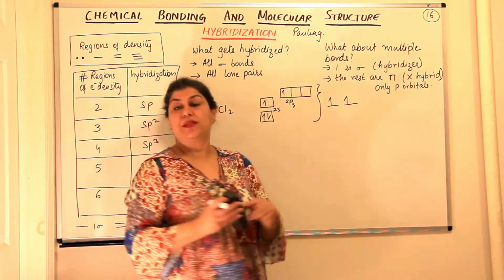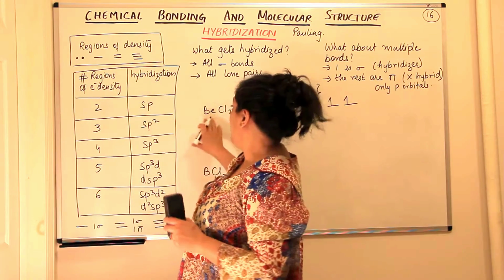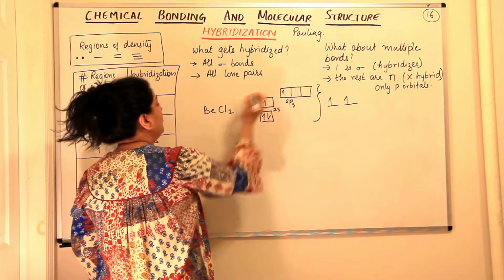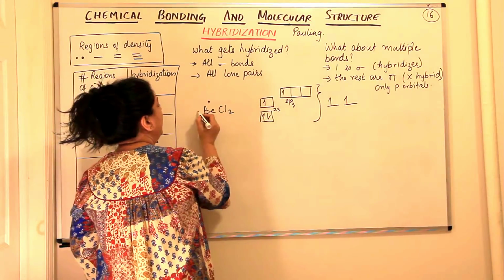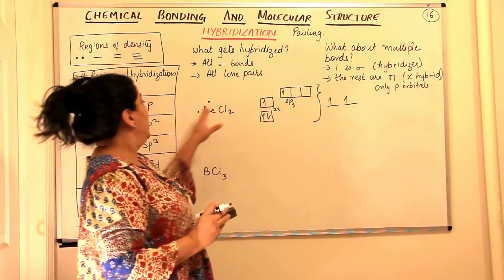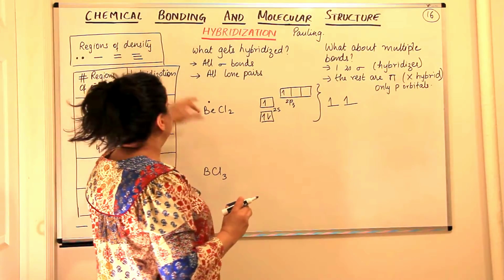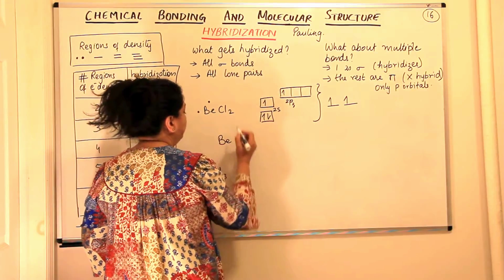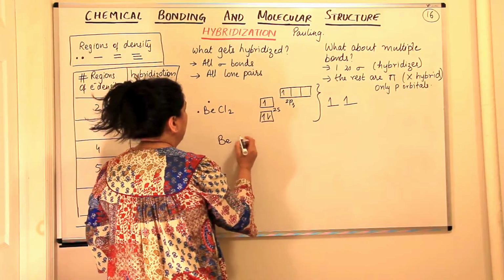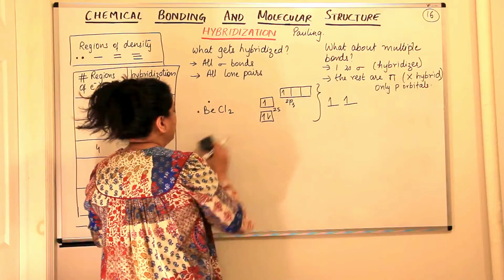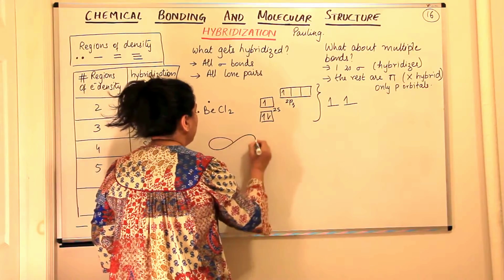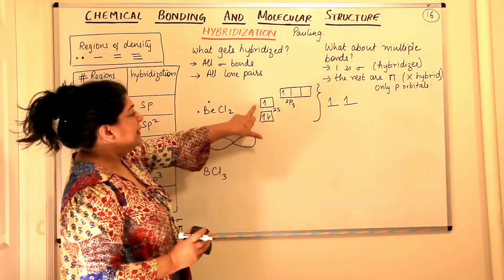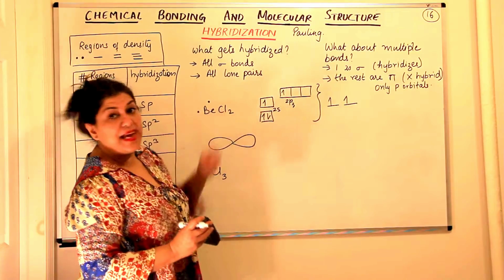Let us first look at this. So what do you have in beryllium in the outermost shell? You have 1 electron here and 1 electron here. So the regions of density, if you make the structure of beryllium chloride, let me make the structure like this. This is beryllium. Now it has 2 hybrid orbitals, formed by the hybridization of s and p orbitals.